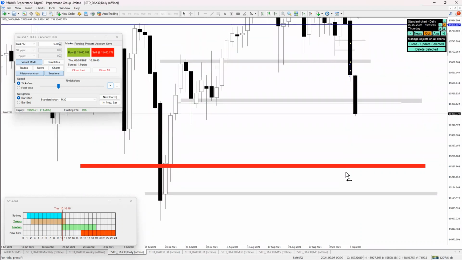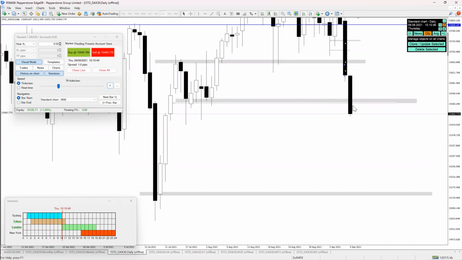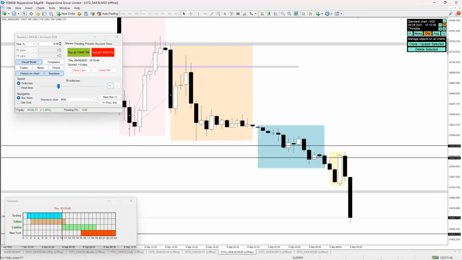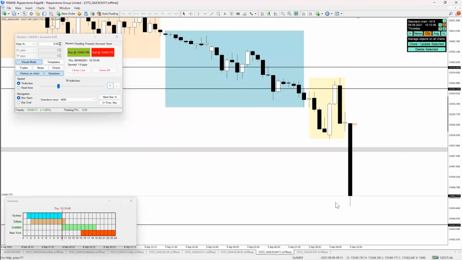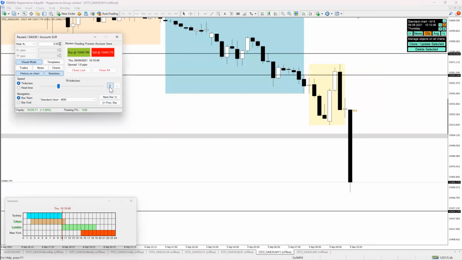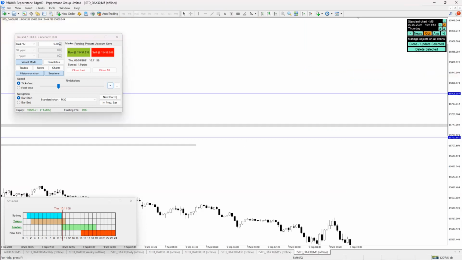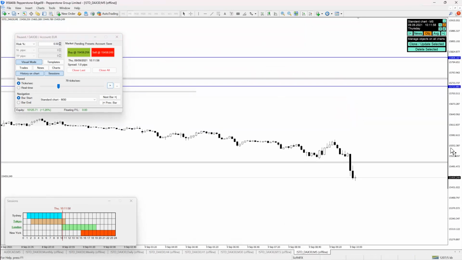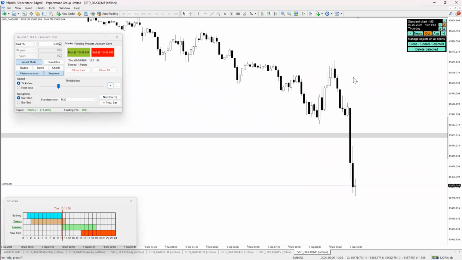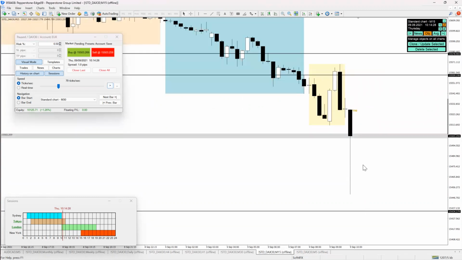Sells, when it's gone down that far, can be difficult to get into because of the pullbacks. Yeah, that's what I was thinking. But I couldn't get into it.